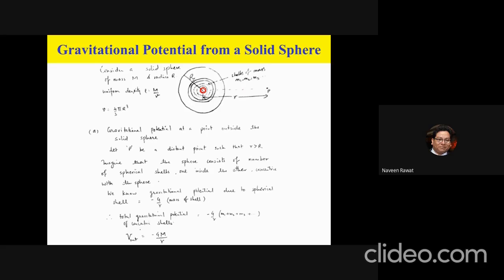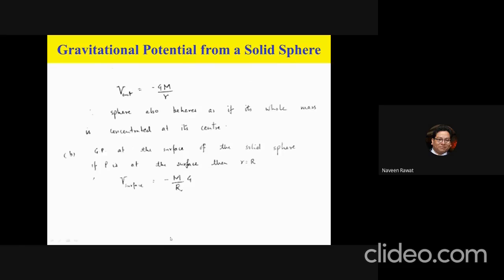So the potential at that point is minus GM by r. From this relationship we can understand that at the surface, when r is capital R, I will just get minus GM by R. So two things are straightforward: what is outside and what is at the surface.